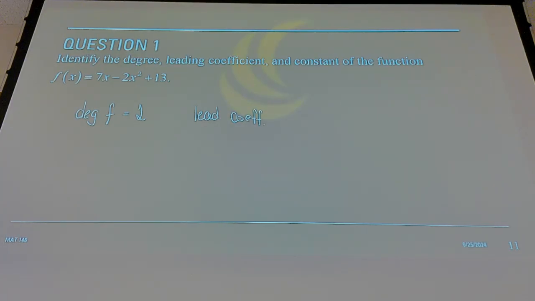What's the leading coefficient? Why is it -2? Because it has the highest exponent. Well, coefficient of the highest power. What's the constant?